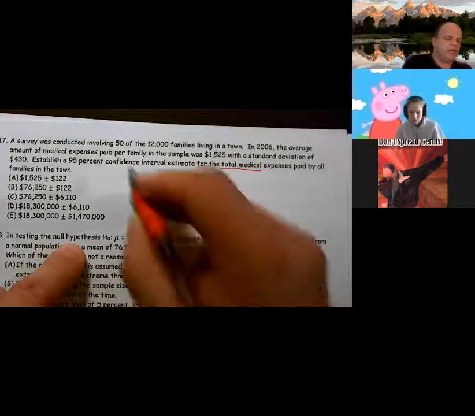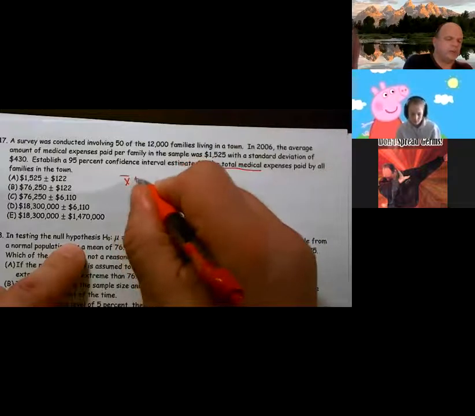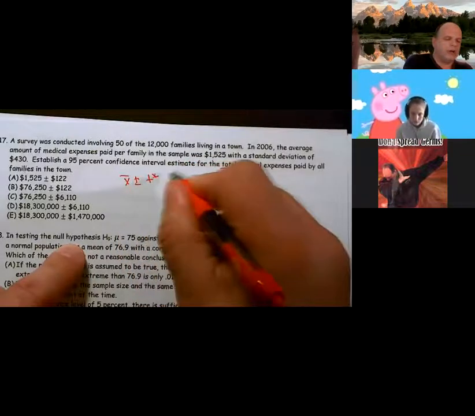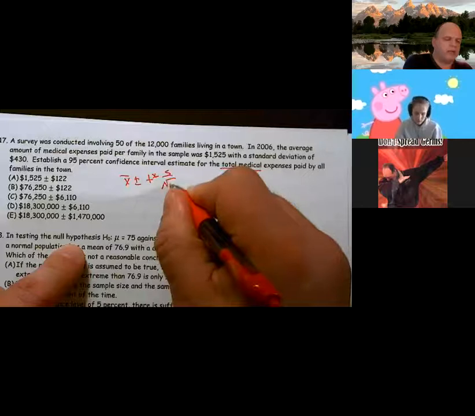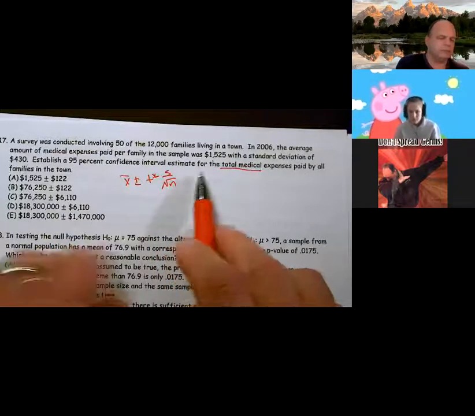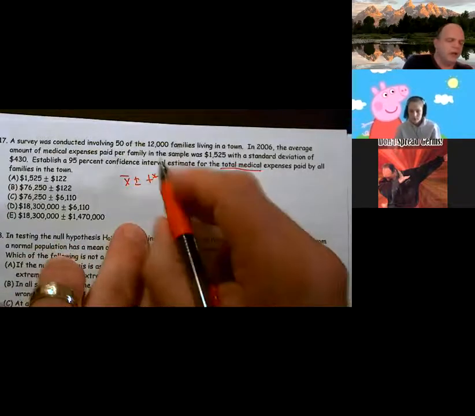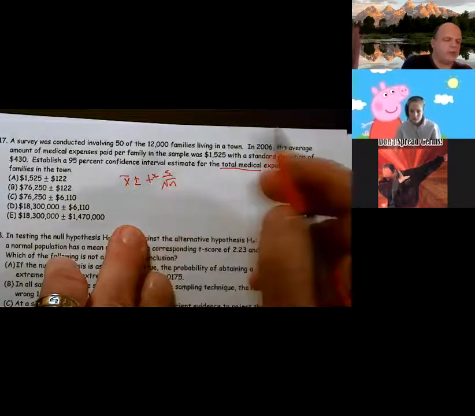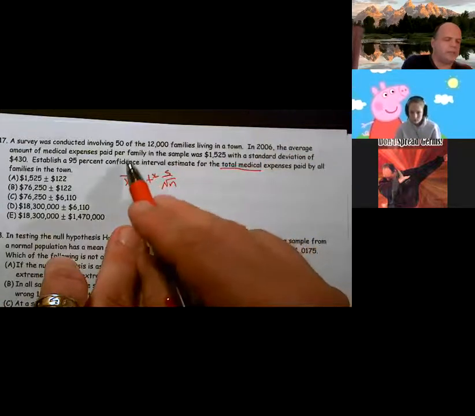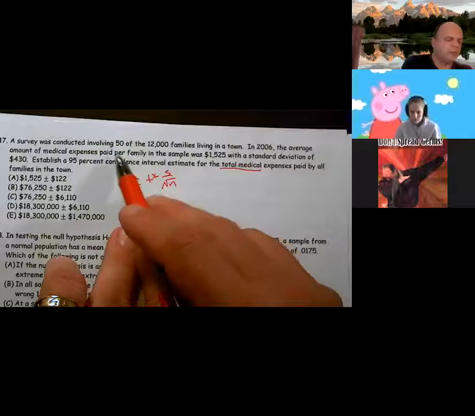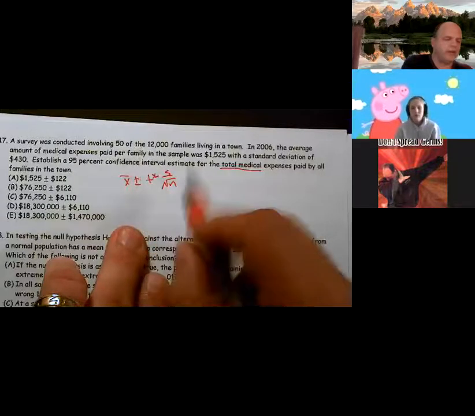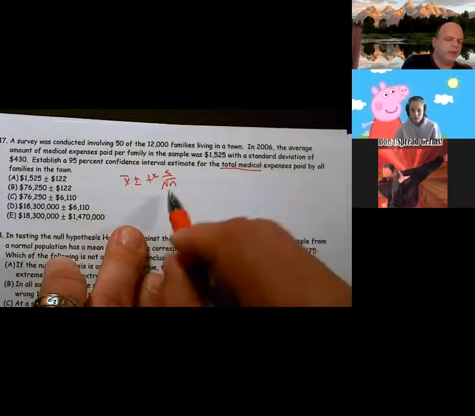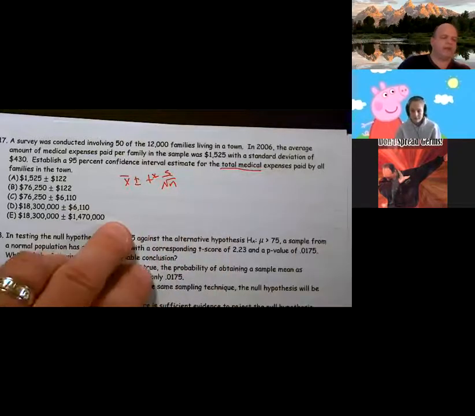So the next thing is, my formula is X bar plus or minus T star S divided by square root of N. And if I use a T star, which is questionable, but the survey involved 50 of 12,000, and they want a 95% confidence interval.